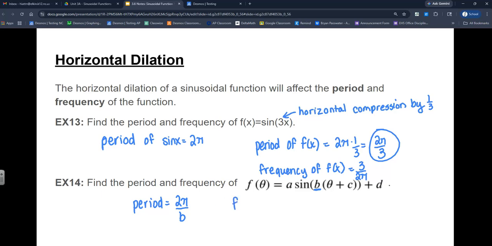If I want to know the frequency, then I would use the reciprocal of period, so that would be b divided by 2 pi.